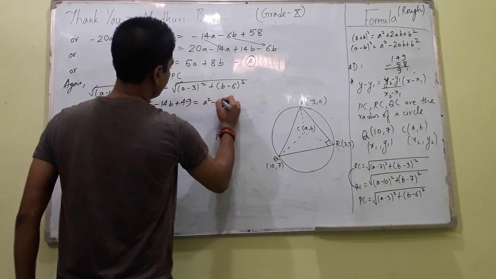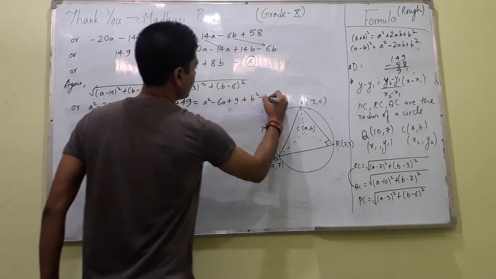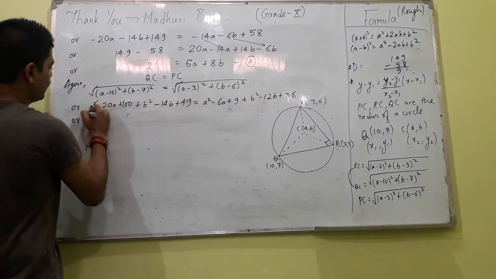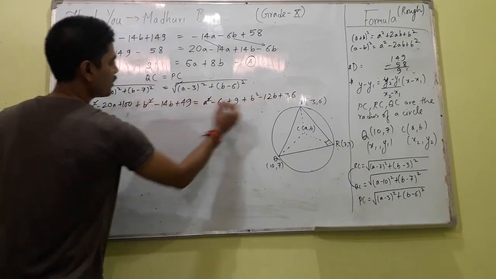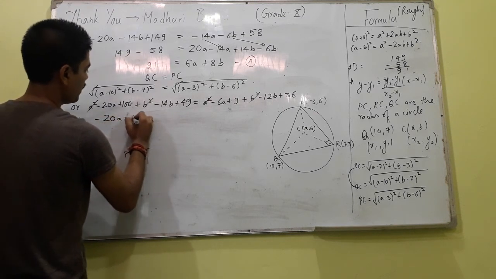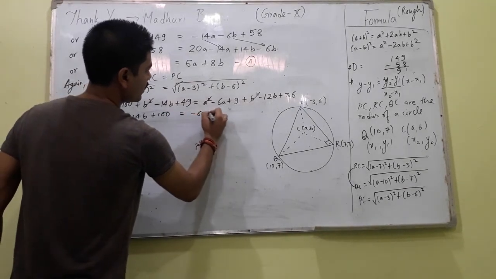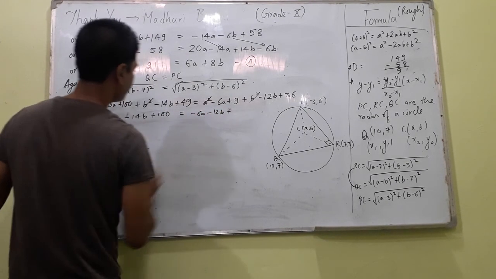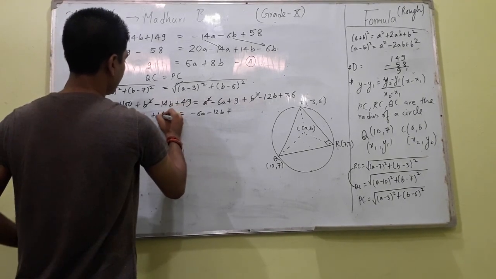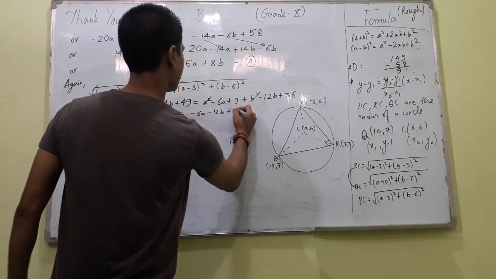A square minus 6a plus 9 plus b square minus 12b plus 36. Cancelling a square and b square: minus 20a minus 14b plus 100 plus 49, 149, equals minus 6a minus 12b plus 9 plus 36, 45.